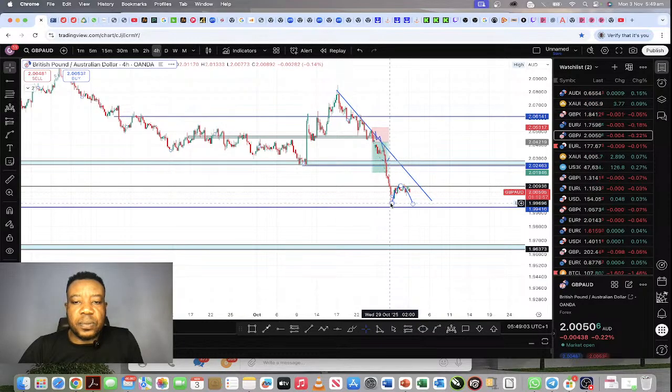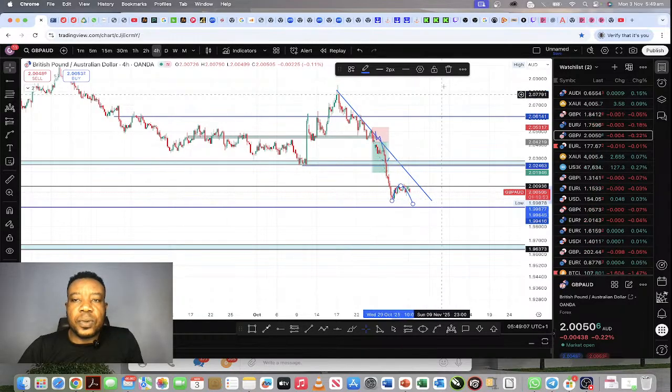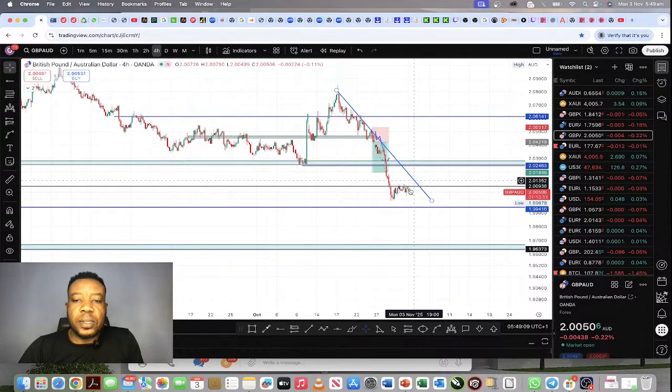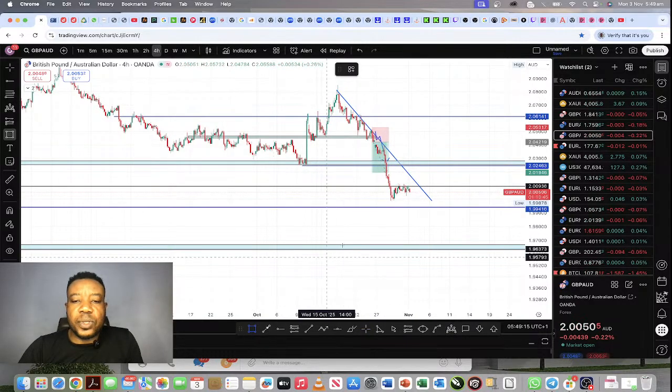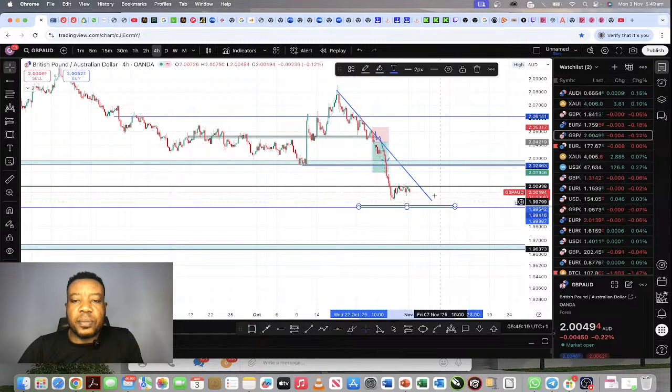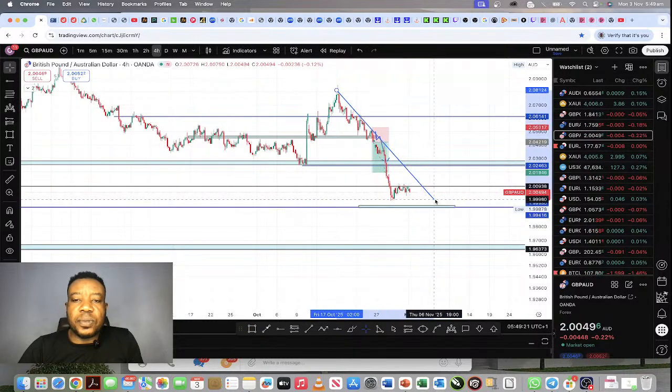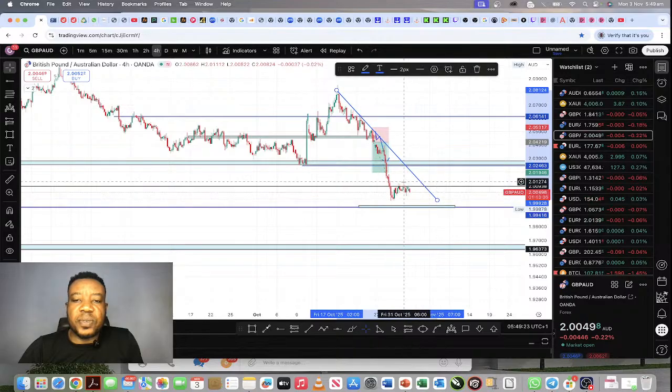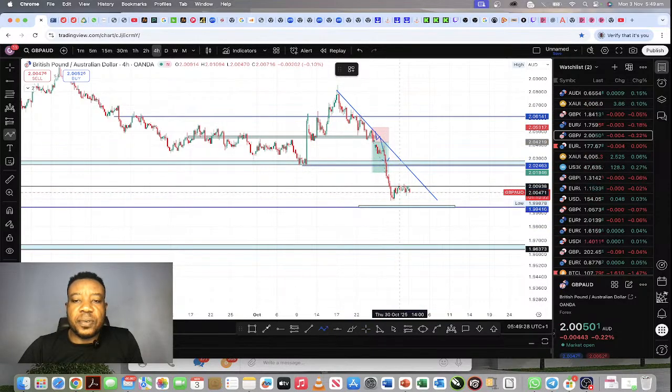So price may end up just coming like this. First I want to see what will happen here, then I also want to see what will happen here. But obviously I wouldn't lie, the level I would expect price to return to will be this level here.